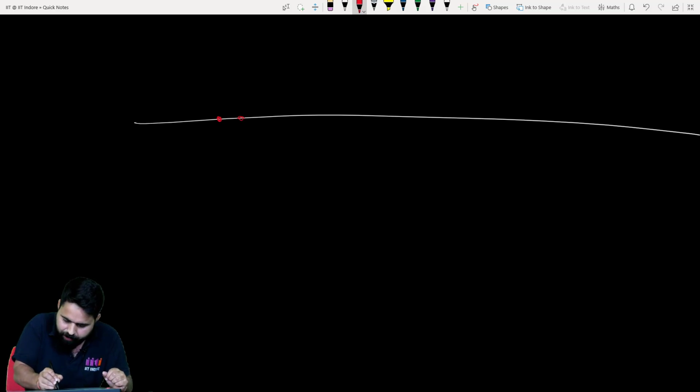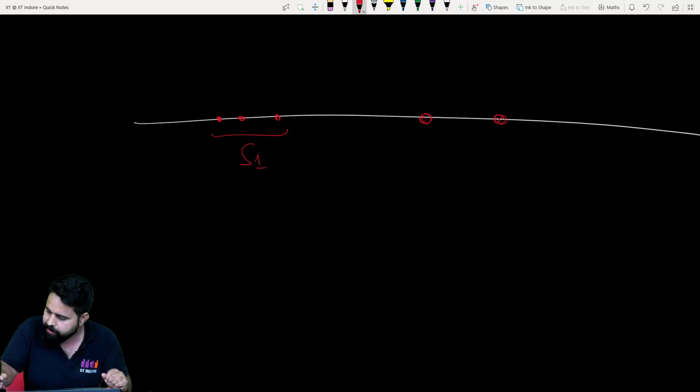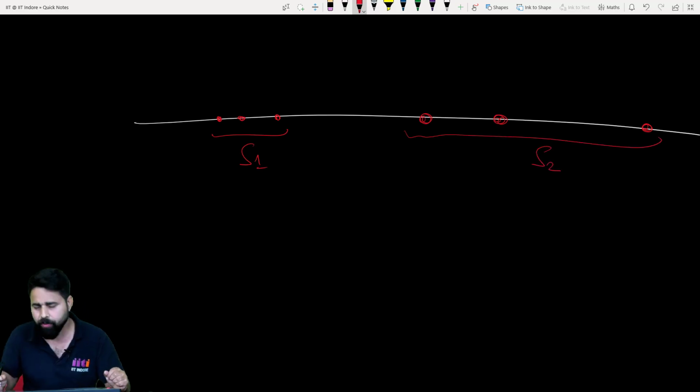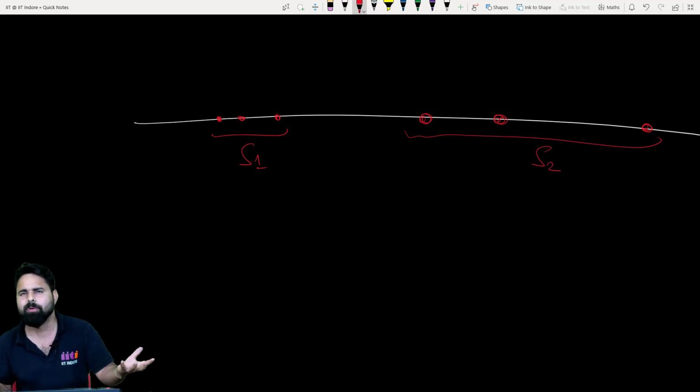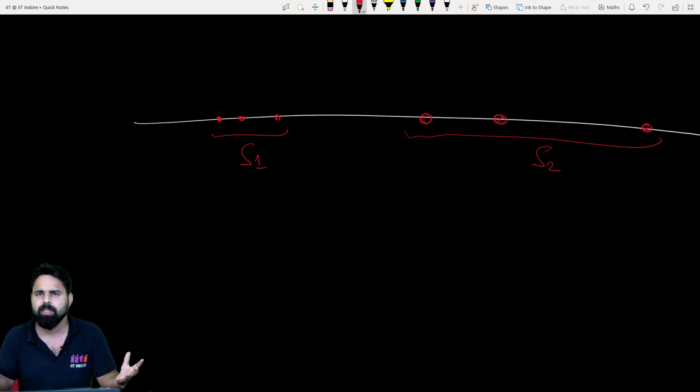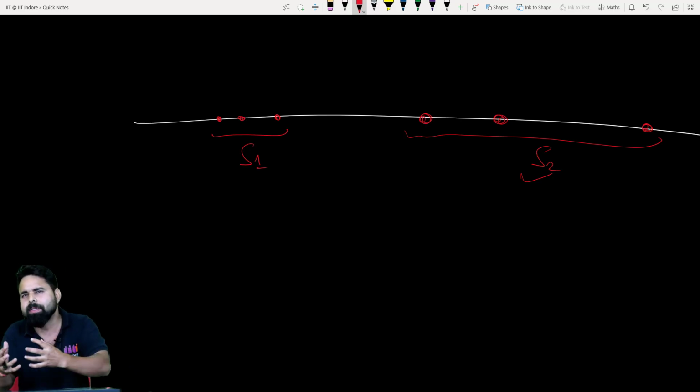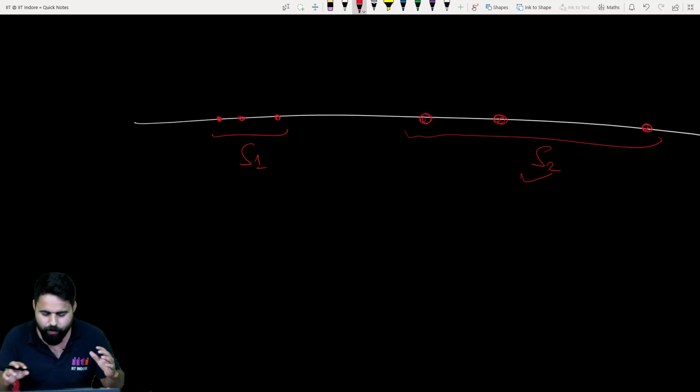Suppose these are some points; let me call this set S1. Then I also take these 3 points here and call this set S2. Now I ask you a very simple question. In which set is the data more spread? Of course in S2, because on average the gap between any 2 points is large, whereas in S1 the gap is very small.